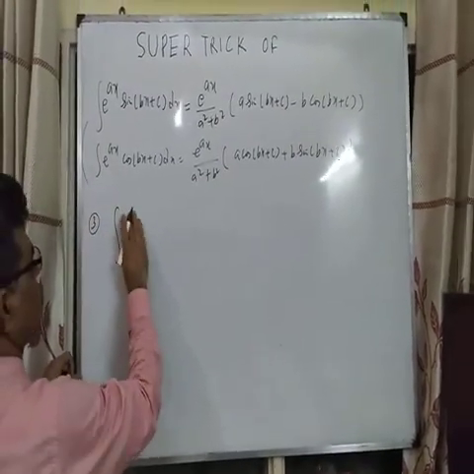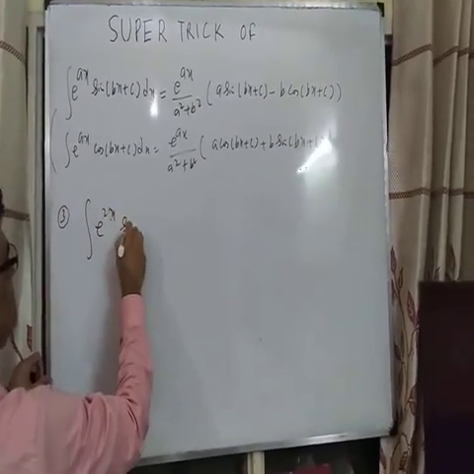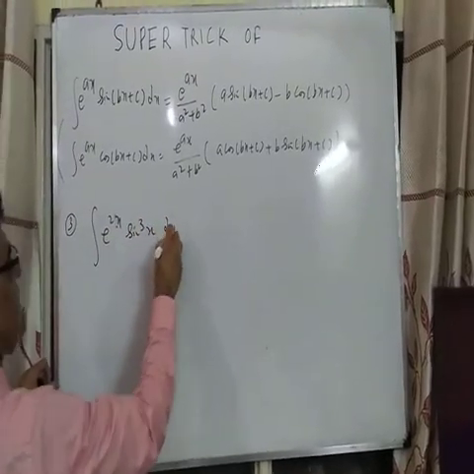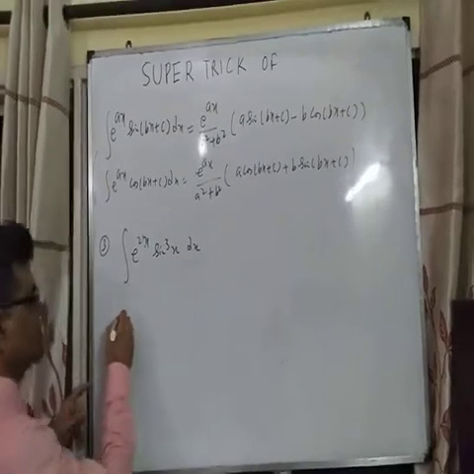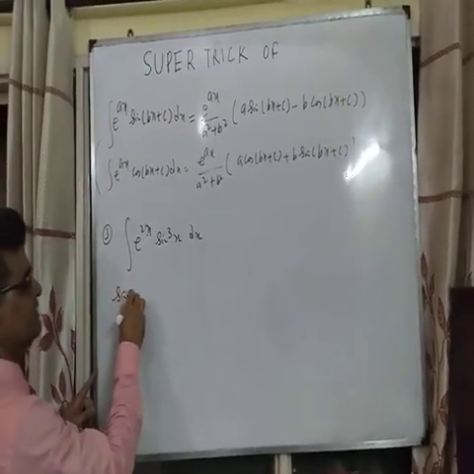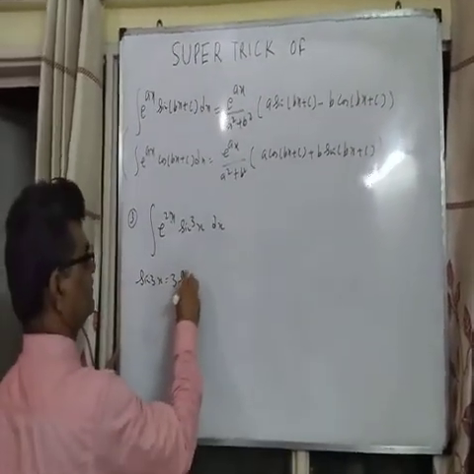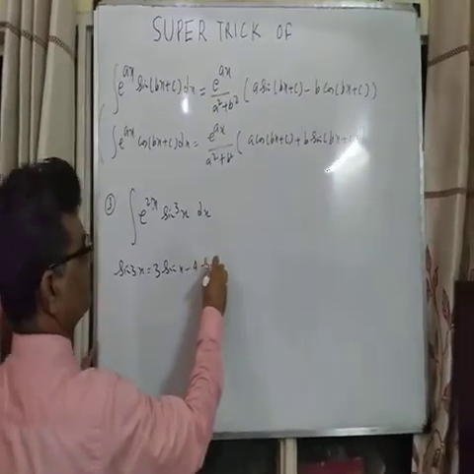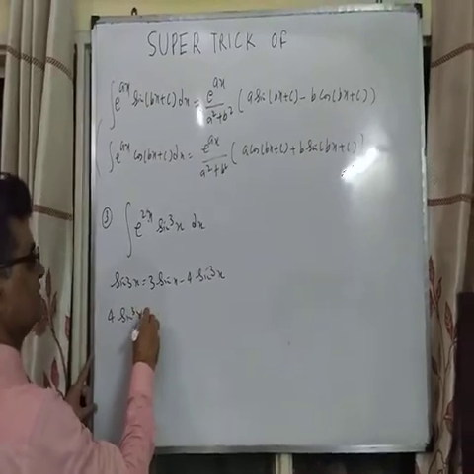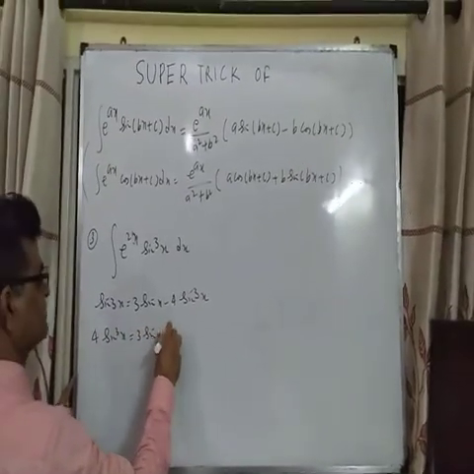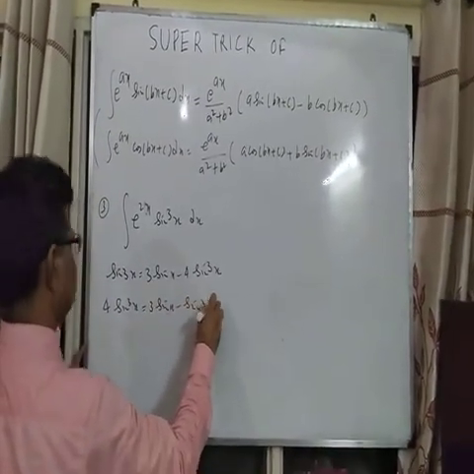Integral of e to the power 2x sin cube x dx. How to solve this kind of questions? So first we'll write the formula of sin 3x is equal to 3 sin x minus 4 sin cube x. So we can write 4 sin cube x equals to 3 sin x minus sin 3x.